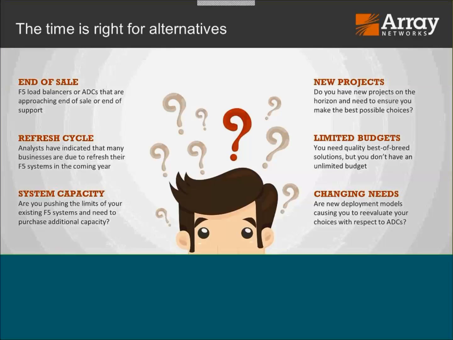It may be time to look at where you're going in the future, what options are available, and what's the best fit. Another obvious one, system capacity. If you're bumping up against the capacity of a particular appliance and thinking about adding another appliance or solution to handle additional capacity, maybe a different solution is the right answer for you.